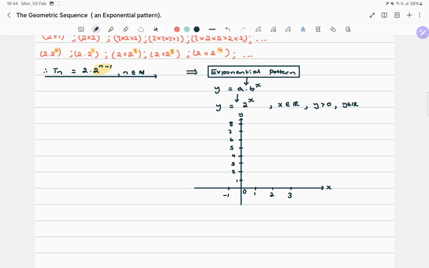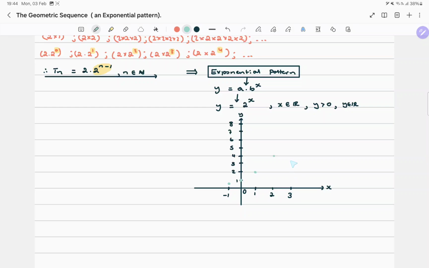Okay, let's just see what happens when we plug -1 in there. What do we get? We get a half. So this is going to be halfway right there. And when we plug 0 there, we get 1. When we plug 1, we get 2. When we plug 2 there, what do we get? 4.